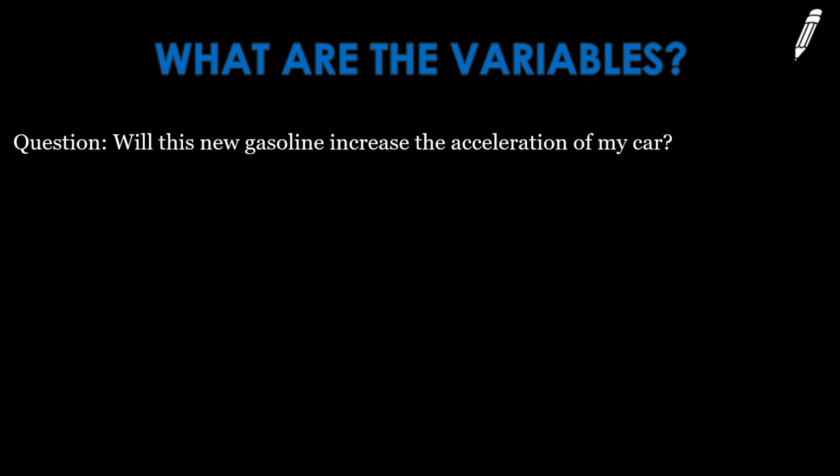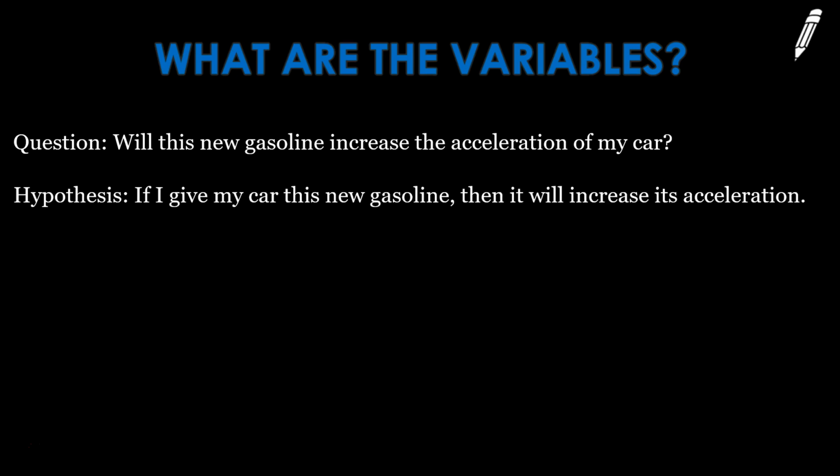So let's take this for example. Let's say I have the question, will this new gasoline increase the acceleration of my car? To turn this into a hypothesis, I rephrase it into a statement using the words if and then. If I give my car this new gasoline, then it will increase its acceleration. If and then.